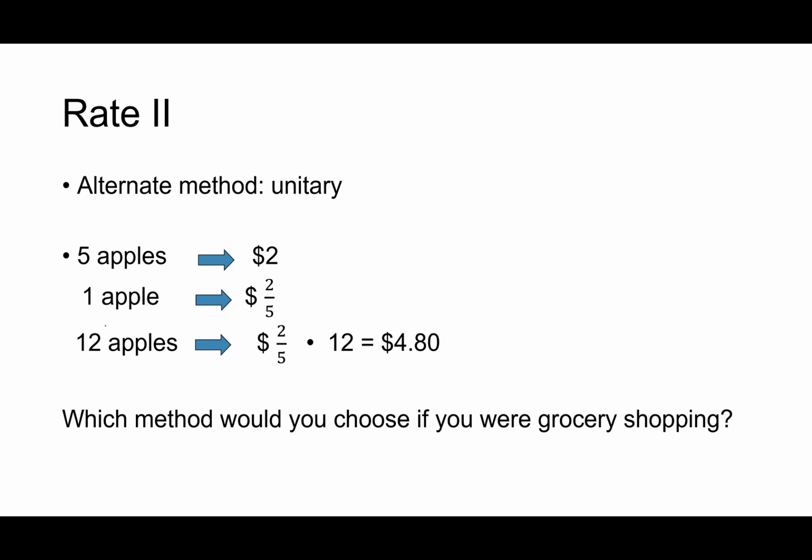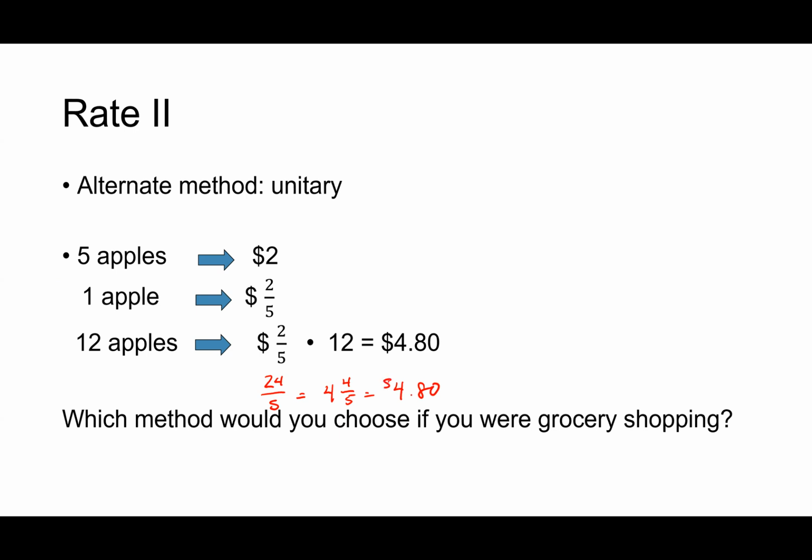So 5 apples is $2. Let's use that rate because it would save us money. 1 apple would be 2/5 of $1. Make sure you guys are copying this down. 12 apples would be 2/5 times 12. So I'd have 24 over 5, which would equal 4 4/5, which would equal $4.80.